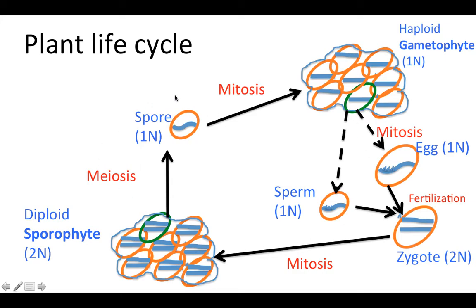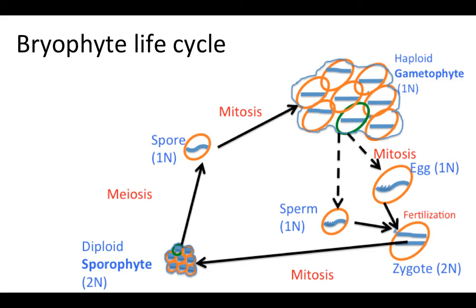That is a generic life cycle that applies to both the bryophytes and other terrestrial plants. If we're going to modify this to represent the bryophytes, we don't really need to change anything except the sizes. The only thing I've changed here is I've made the sporophyte very small, and I've made the gametophyte a little bit bigger. This just reminds us the gametophyte is dominant, the sporophyte is small and nutritionally dependent.